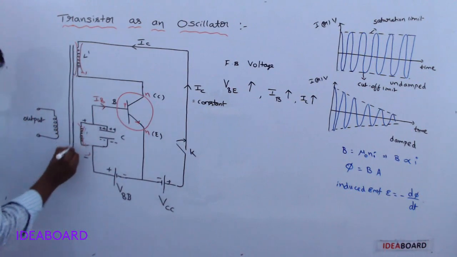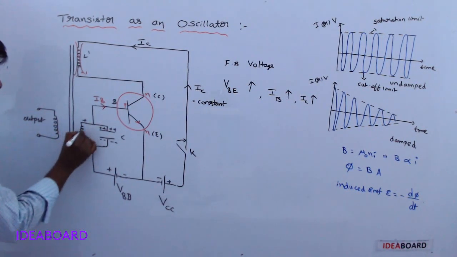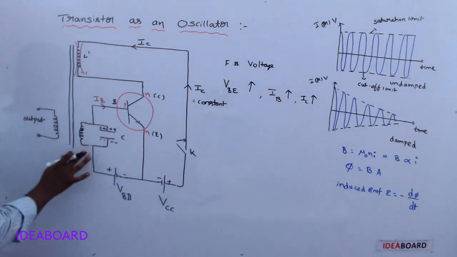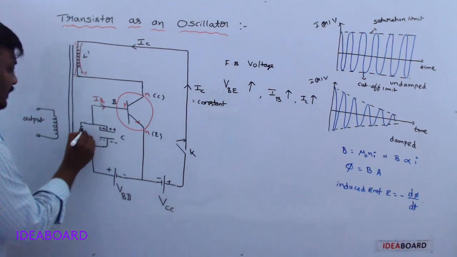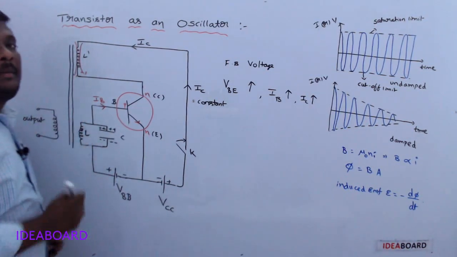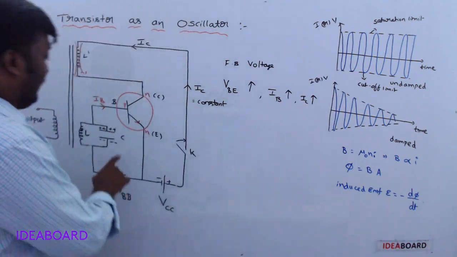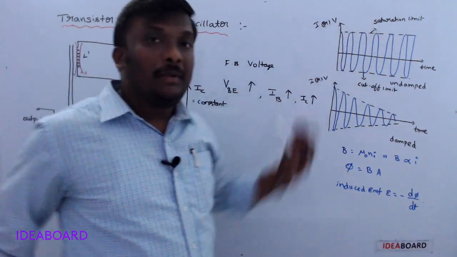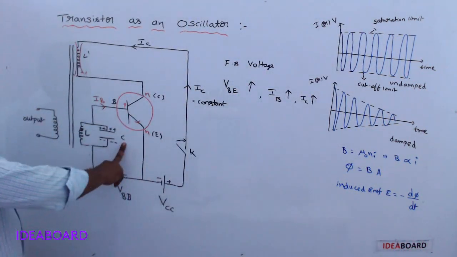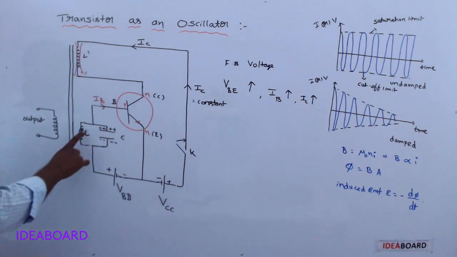Understand now? Is it clear? So at this place, there is no magnetic field across the inductor, but the capacitor is completely charged now. After reaching the saturation limit, the capacitor is completely charged.